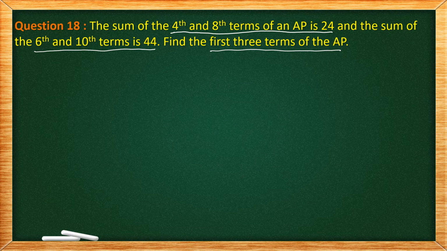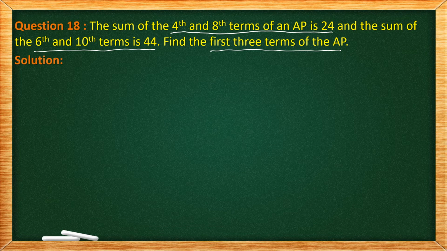Now for this we have to find out the first three terms of AP. For solving this, first of all we will find out all the terms A4, A8, A6 and A10 in terms of their first term and their common difference D. Then we will solve as per the given conditions to find out A and D. Then we can easily find out the three terms of the AP. So let's start solving.